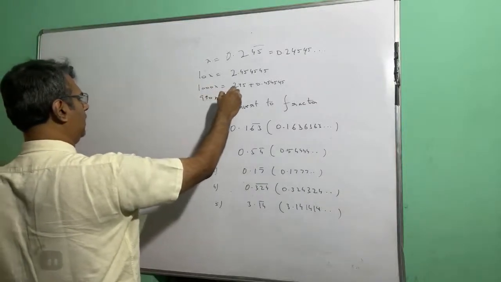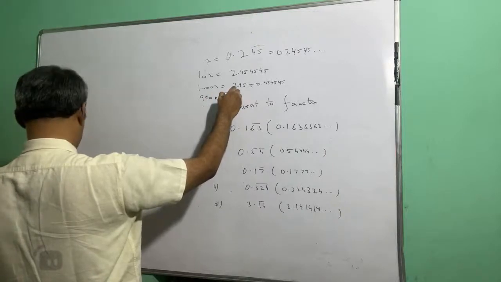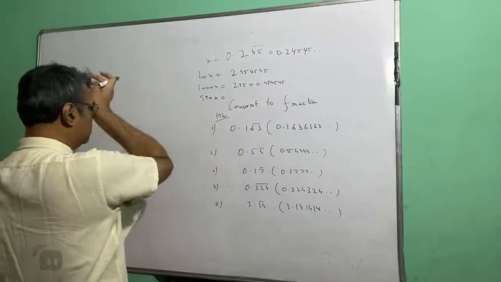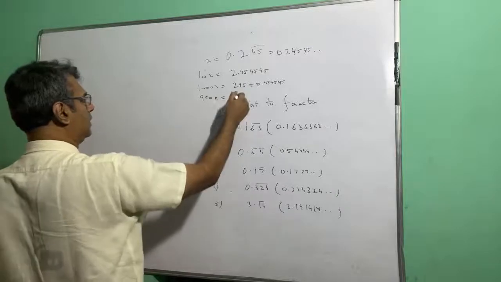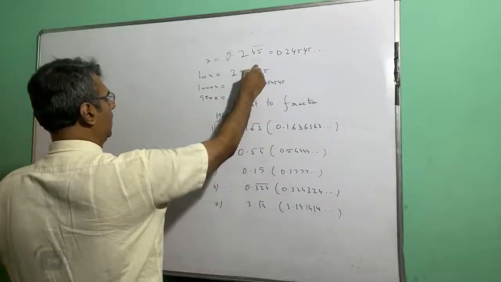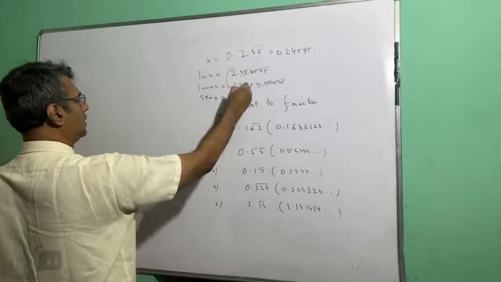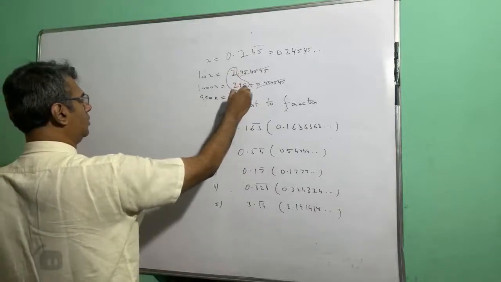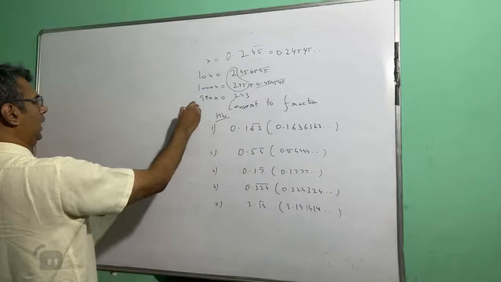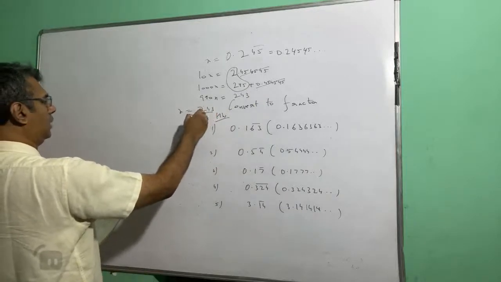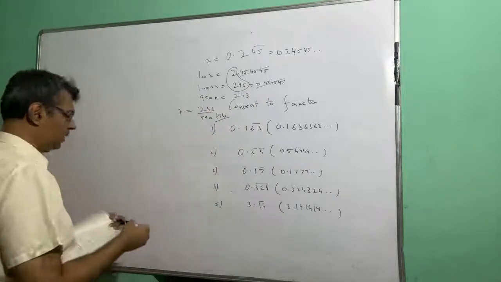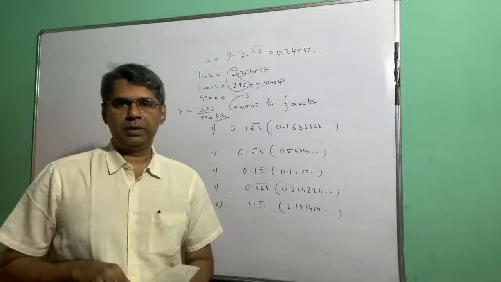So 990x is equal to, if you subtract these two, then the entire 0.454545 part will go, and you are just subtracting these two, which is 243. So x will be 243 by 990. This is the answer.